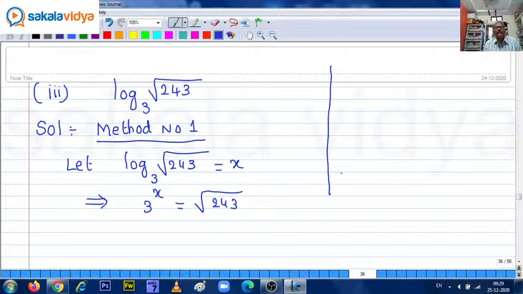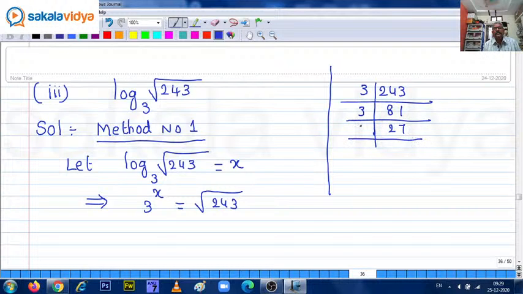So now we need to do the prime factorization of 243. 3 times 81, 3 times 27, 3 times 9, 3 times 3. That means 243 is written as 3 raised to 5.